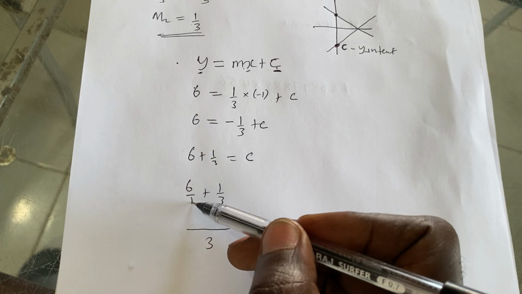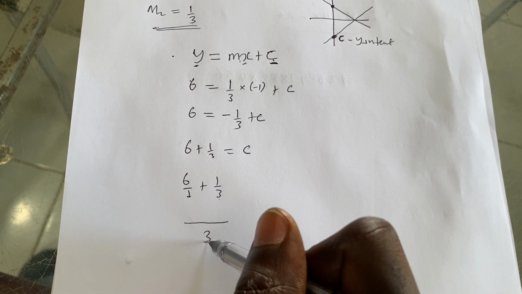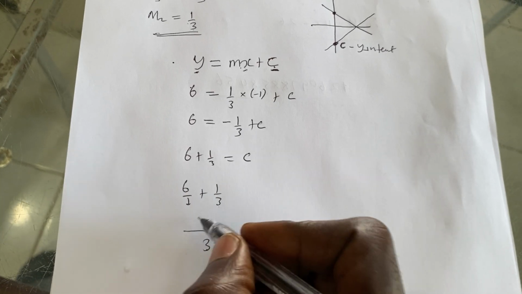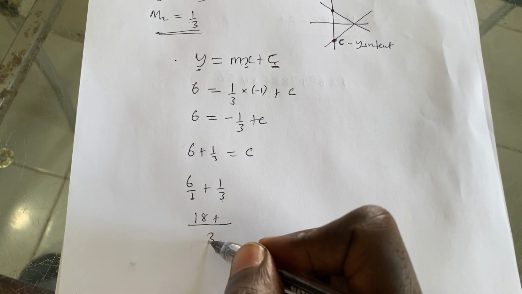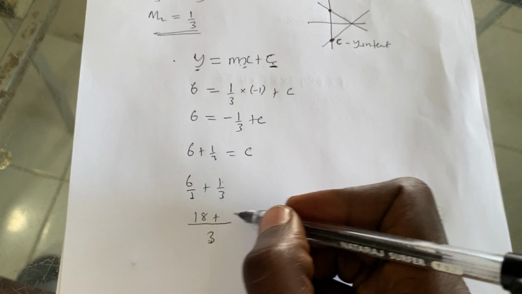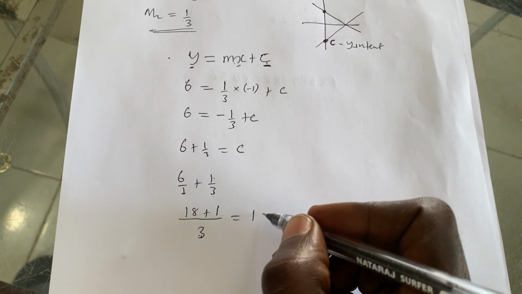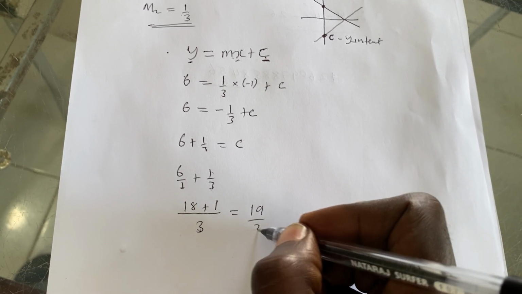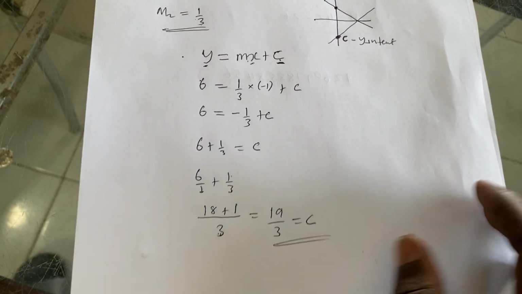So 1 into 3 is 3, then 3 times 6 is 18, then plus 3 into 3 is 1, then 1 times 1 is 1, which is equal to 19 over 3, which is equal to c. So this becomes your c.